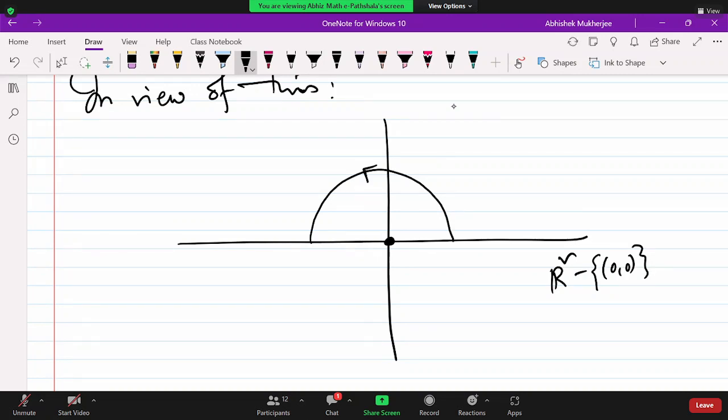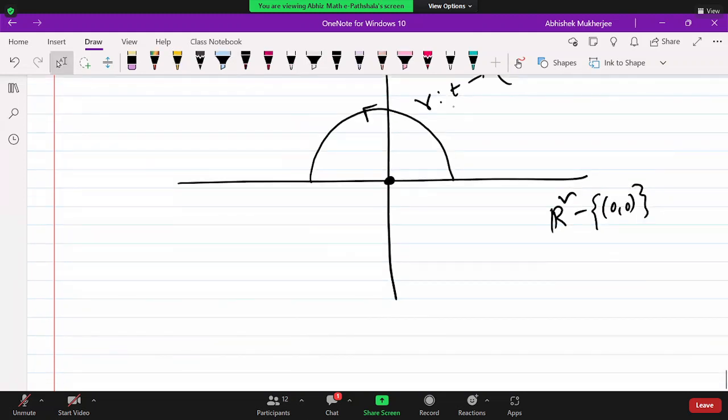So this is gamma, which is given by t goes to cos t, sin t, and another path with the same terminal points, which is again part of the unit circle in the lower half plane.